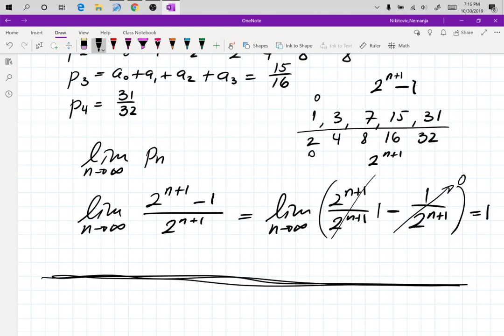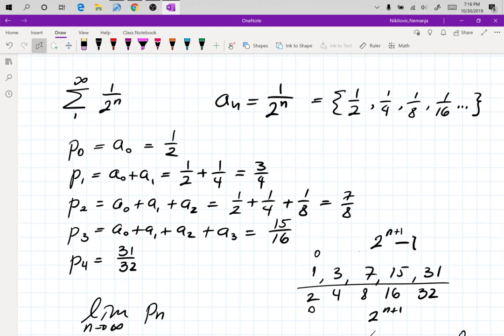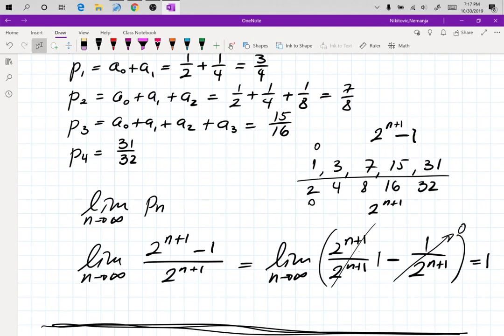That's not a fun process. Right? Because you had to isolate the sequence, you had to write out the sequence, then you had to go through the addition of these numbers, then you had to come up with a formula for that sequence of partial sums, and then you had to do the limit of that sequence.